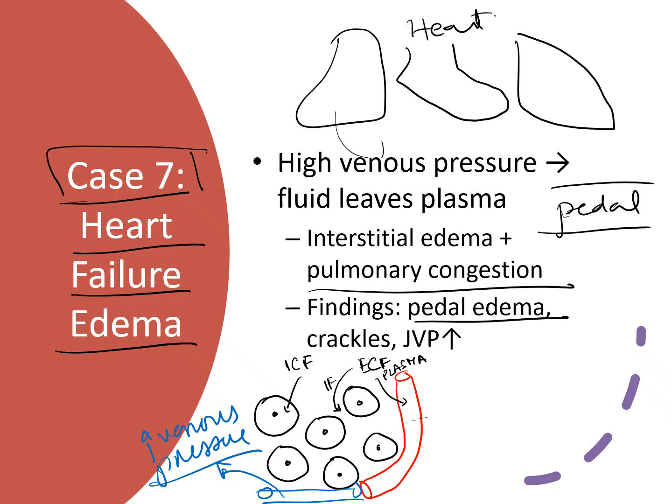Because of the high venous pressure, some of the fluid will leak out into the interstitium, which can result in interstitial edema or pedal edema. So that's why in a patient with heart failure, to get rid of the edema, we use Lasix.